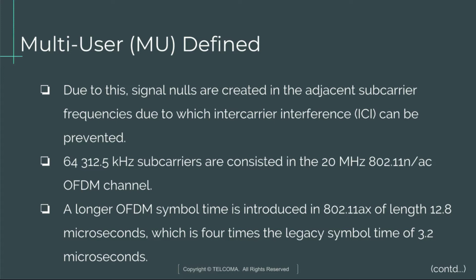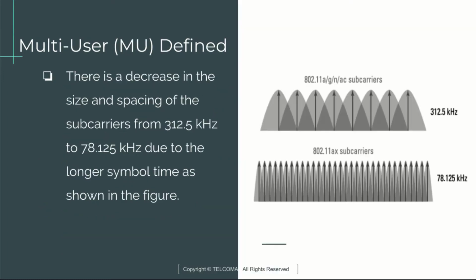A longer OFDM symbol time is introduced in 802.11ax, of length 12.8 microseconds, which is 4 times the legacy symbol time of 3.2 microseconds. There is a decrease in the size and spacing of the subcarriers from 312.5 kHz to 78.125 kHz due to the longer symbol time, as shown in the figure.